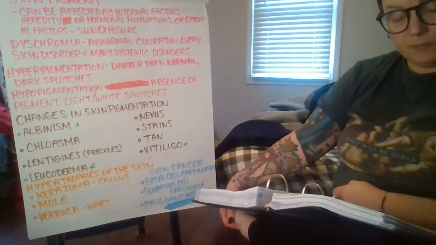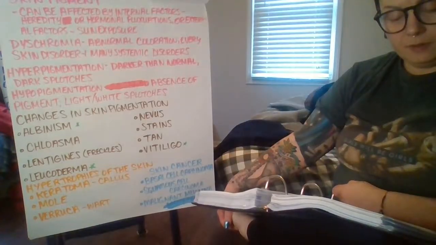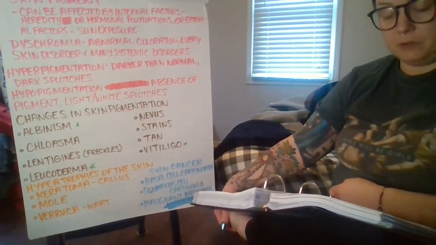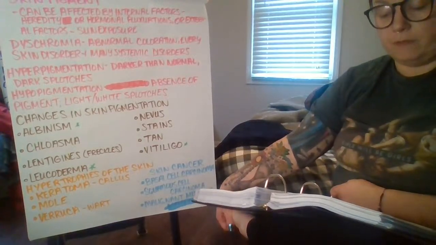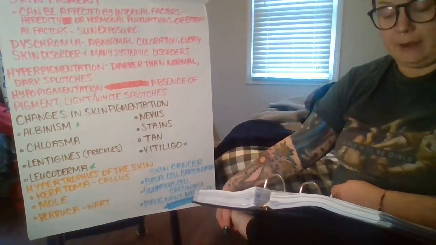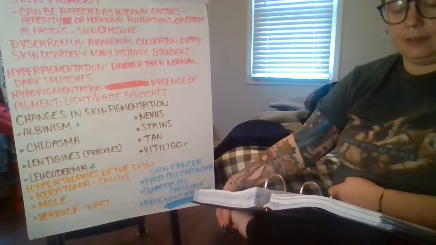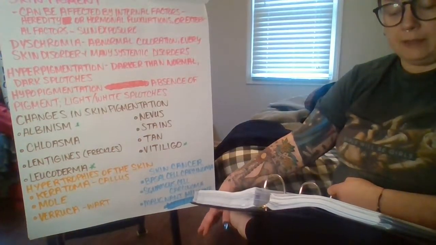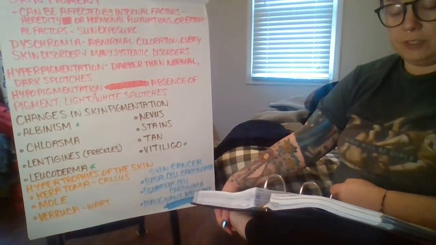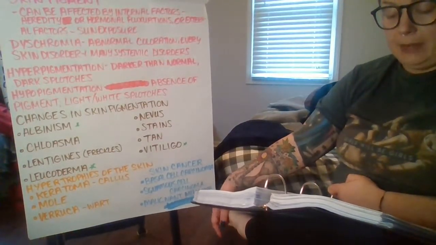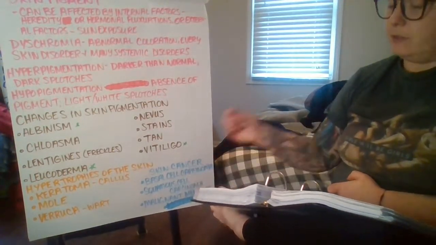Lentigines are freckles or small yellow to brown spots on parts of the body exposed to sunlight and air. Leukodermia is light abnormal patches the skin has that are caused by a burn or congenital disease that destroys the pigment producing cells. Vitiligo and albinism are examples of this.